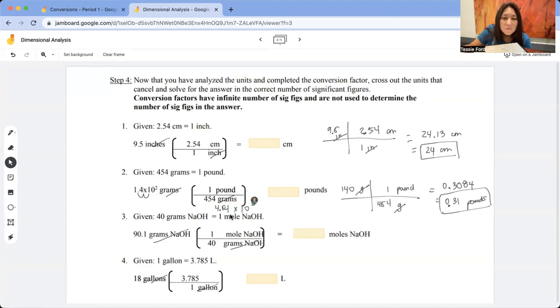And for you math people, when you see 10 squared on the top and 10 squared on the bottom, just like the units, guess what happens? They cancel. And then you end up with your same answer. For the sake of time, you can do that on your own. Here's the answer.